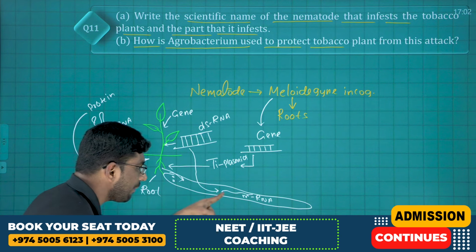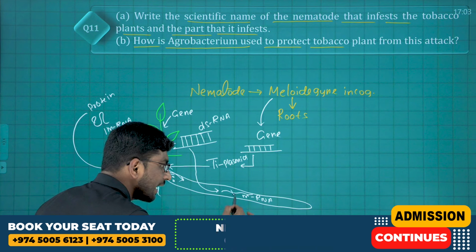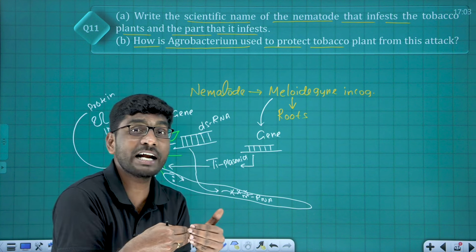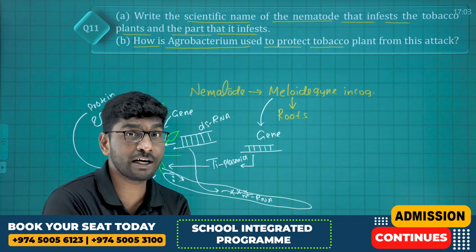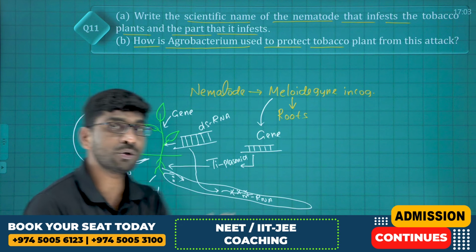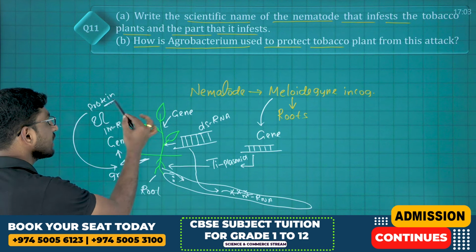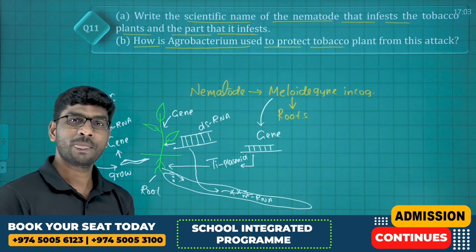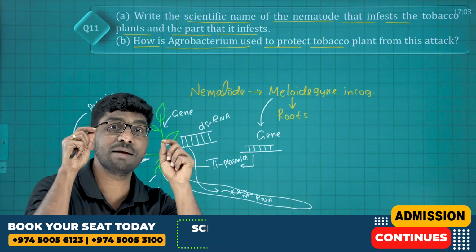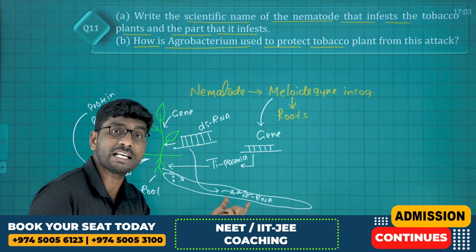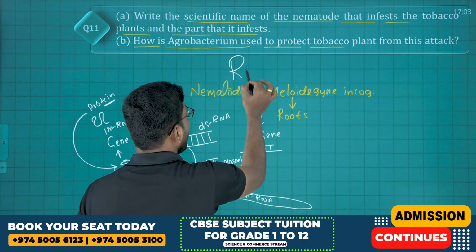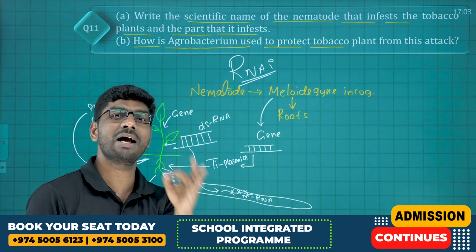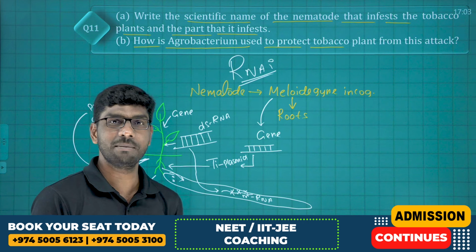This dsRNA will come and bind complementary to this mRNA, and it will chop or silence the mRNA of Meloidogyne incognita. So the mRNA is not going to translate. When it is not translated, the protein is not synthesized in the worm. When protein is not synthesized, the worm cannot grow. That's how we silence the important gene of Meloidogyne incognita with the help of the RNAi mechanism, gene silencing mechanism, RNA interference mechanism.